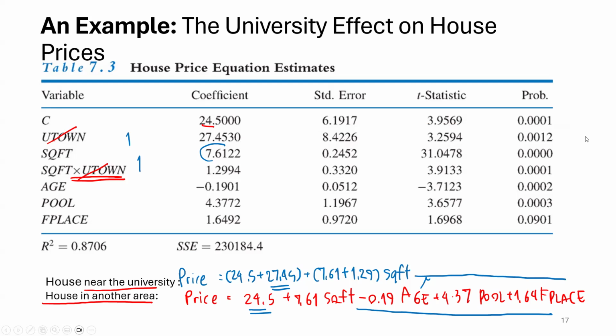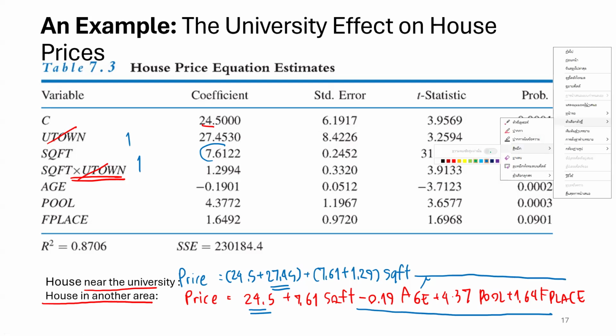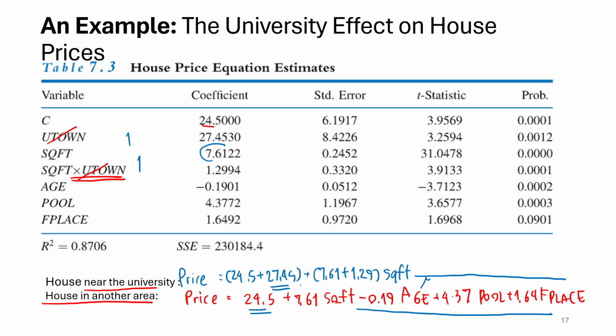So the point is the difference in price between the house near the university and not near the university is this term. What does it mean? It means if the house is near the university, they have a higher starting price, and even the price per square feet is higher.